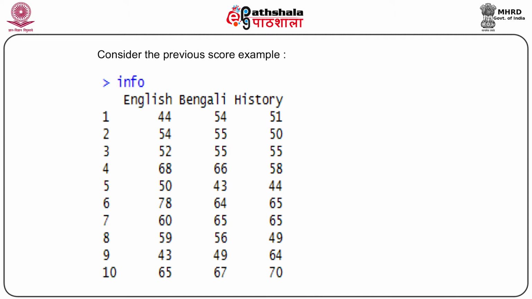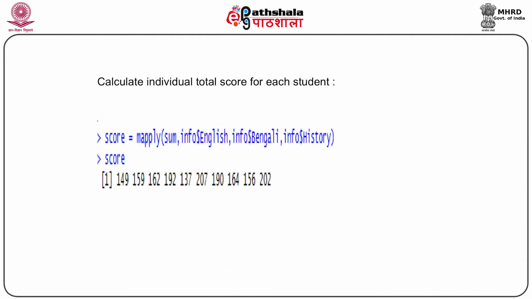Let's recapitulate it again. Here, we are given the scores of 10 students in English, Bengali and History respectively. So, altogether we have 30 scores to deal with. Now, using the mapply function, we are here to calculate individual total scores for each of the students.